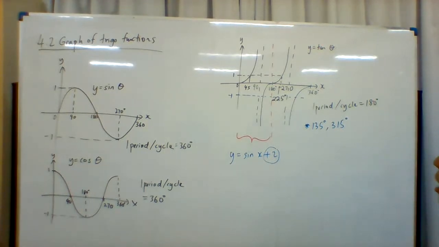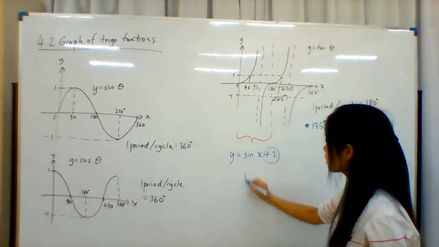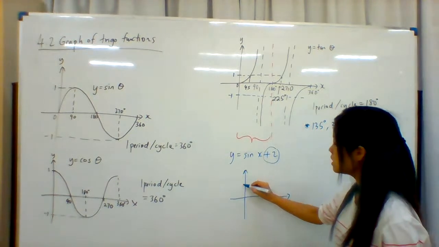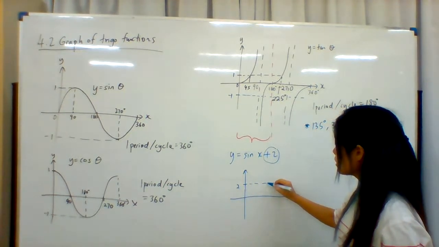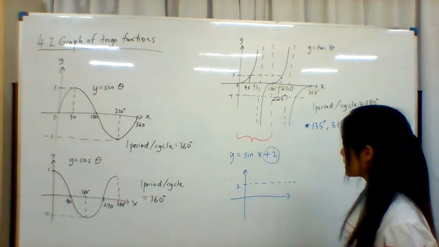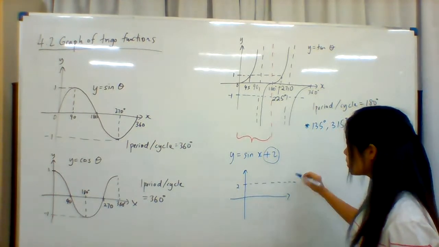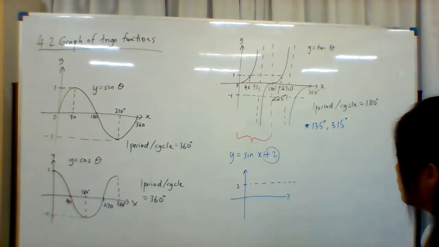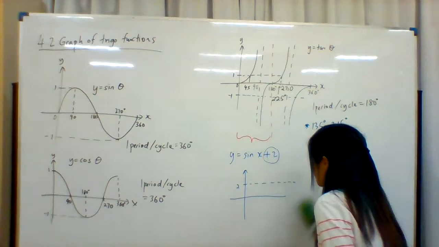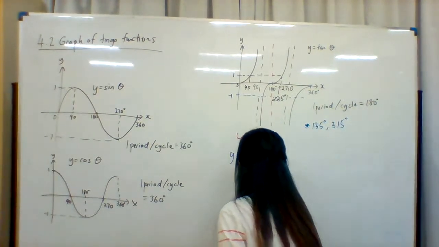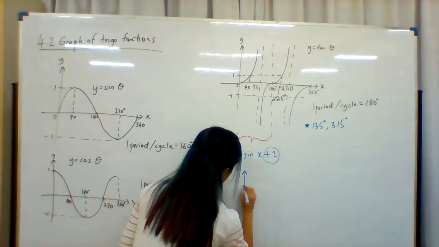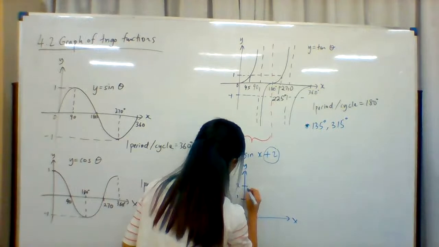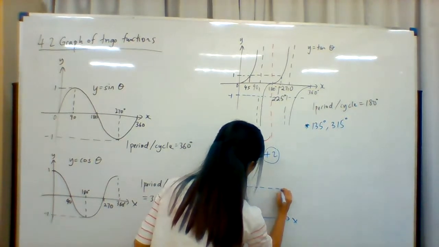So usually your 0, 180, and 360 are your x-intercepts, but right now it is at 2. So that means this is your baseline. When you draw, you will draw the S shape over here, correct? Your baseline will be here, it's moved up by 2.